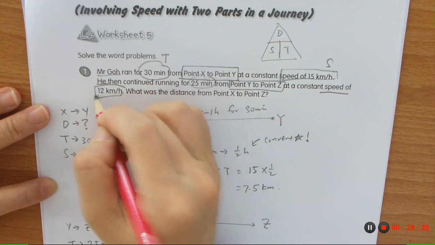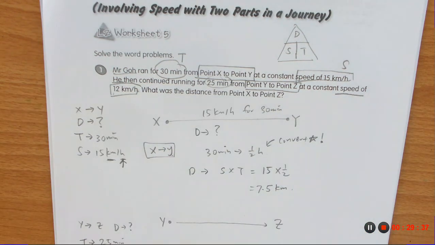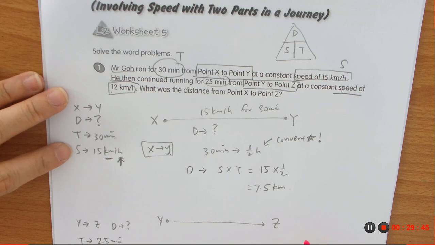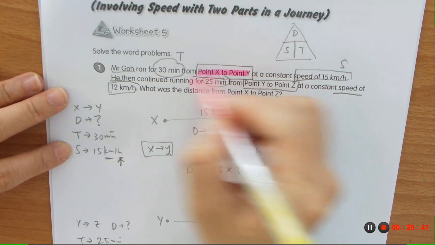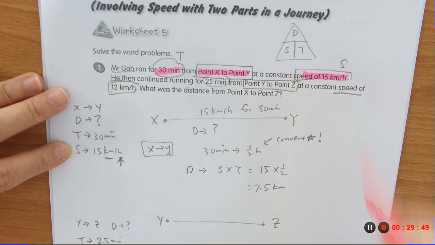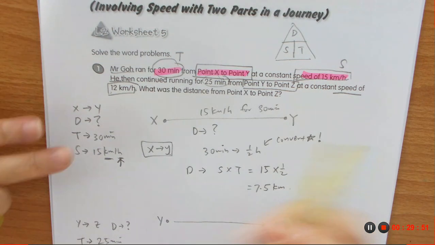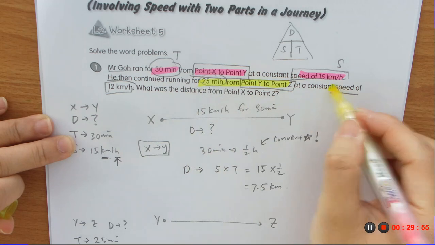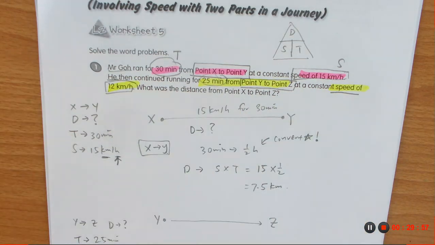Now, if you feel that it's confusing, what you can do is, for Denson to take out his flower highlighter and realize that he has many colors, and can do X to Y in one color, and then Y to Z in another color. That's what we call two parts in the journey.